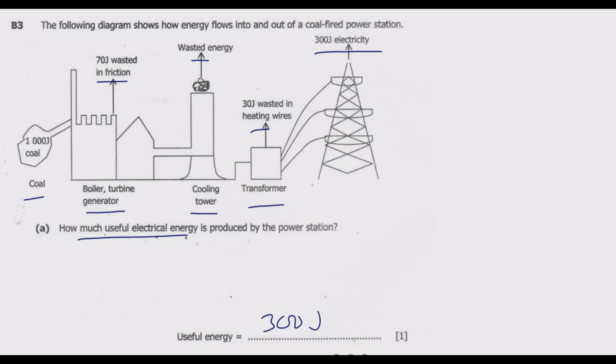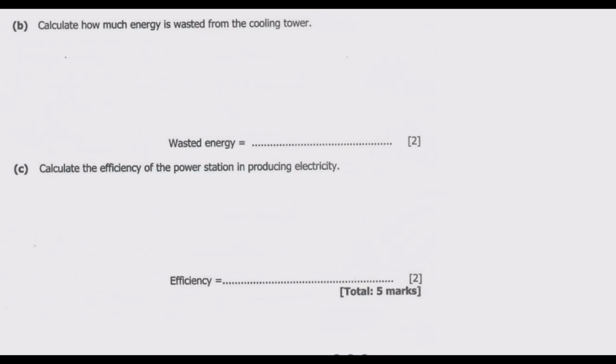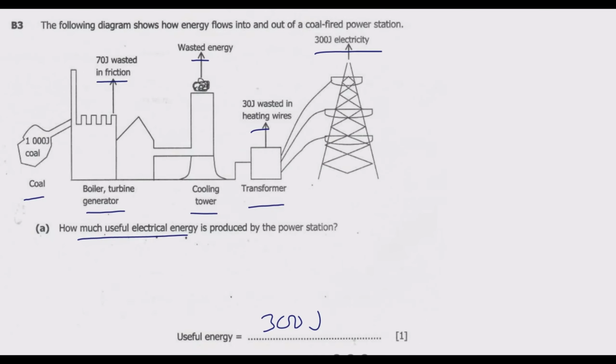We move to question B. Calculate how much energy is wasted from the cooling tower. So what we know in this case is that we are pumping in 1000 joules of coal energy, then we are wasting 70 here, then here we're also wasting energy at the cooling tower, but we don't know it, we shall call it X. Then at the transformer we are wasting 30 joules, then we are only producing 300 joules.